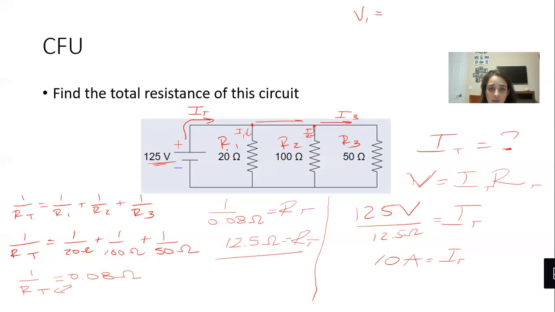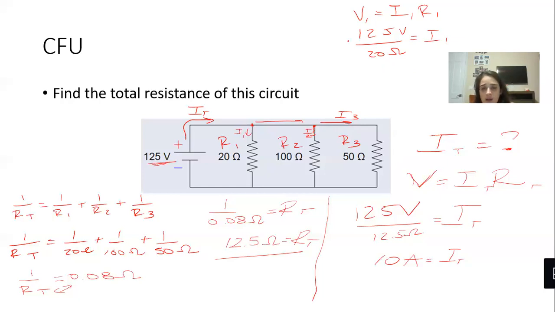And then I know what my resistance is right here, so then I can find my current. Let's do that. Current through resistor 1 is 125 volts divided by 20 ohms. That will be equal to my current.